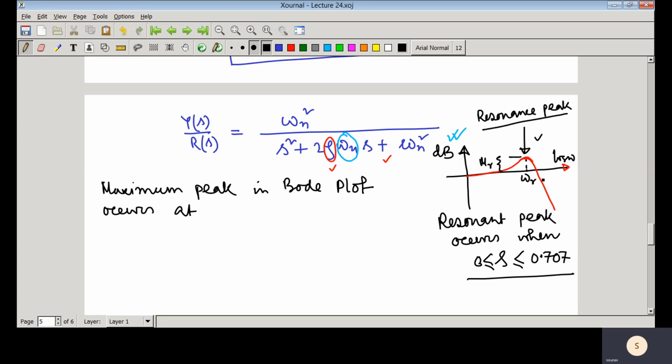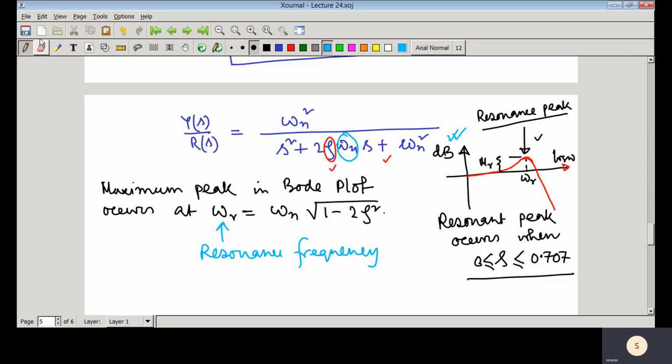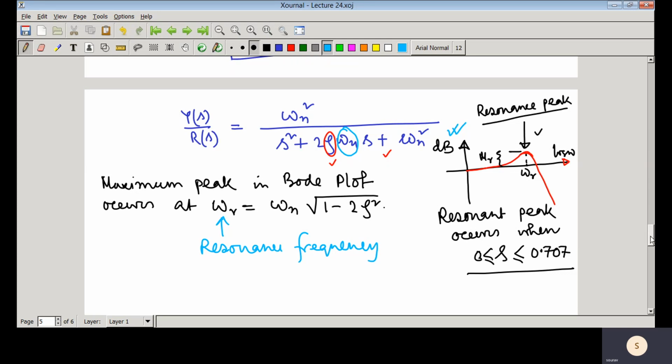This is actually not the natural frequency. This particular frequency is called the resonance frequency, and it is related as omega n into square root of 1 minus 2 zeta square, and this is not the natural frequency.